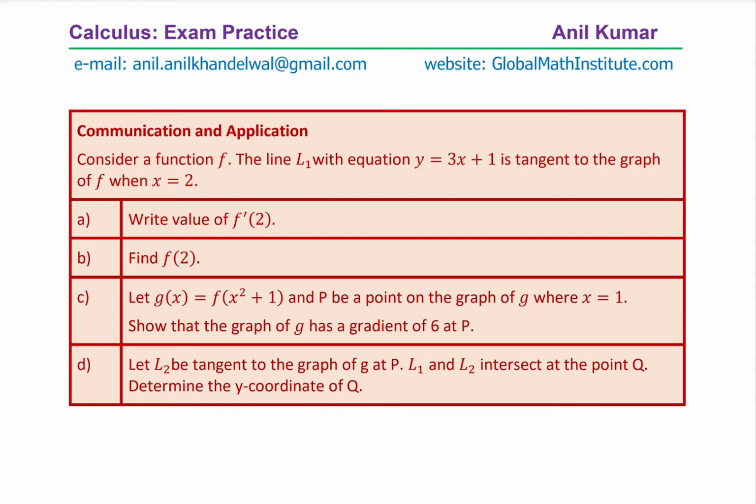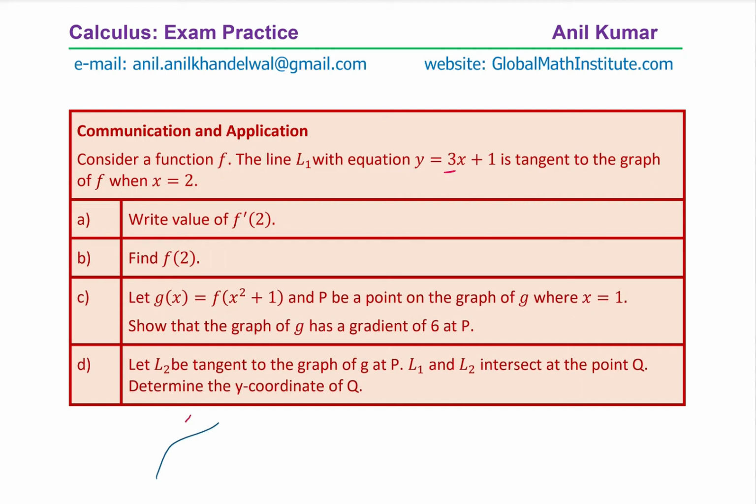Here is my solution. So let's try to understand the situation. The line L1, with equation y equals 3x plus 1, is tangent to the graph of function f. We don't know the graph of the function, but we know that at a particular point we have a tangent line, and the slope of this tangent line should be 3, correct?